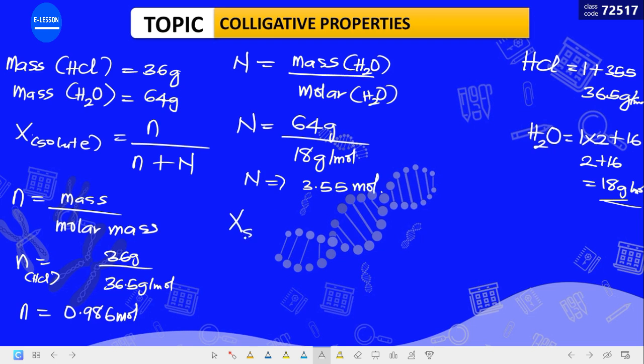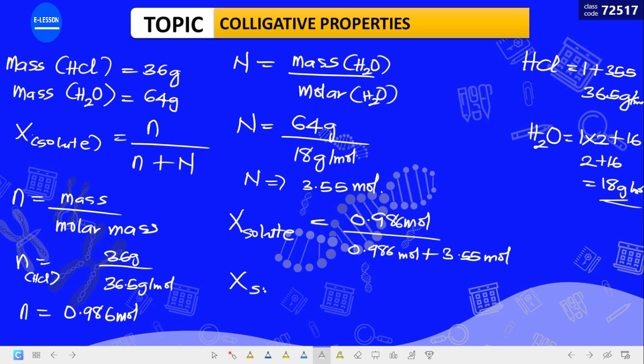Now what will now be the mole fraction? The mole fraction of the solute, we said, is the number of moles of solute all over the number of moles of solute plus that of solvent. Number of moles of solute is 0.986 mole, divided by the number of moles of solute again, 0.986 mole, plus that of the solvent, which is 3.55 mole.